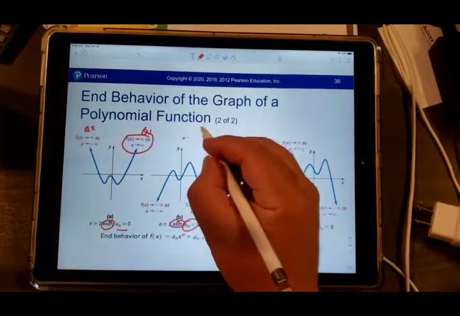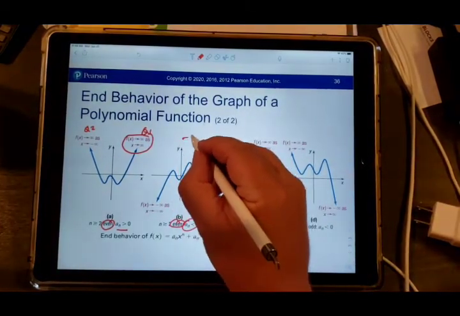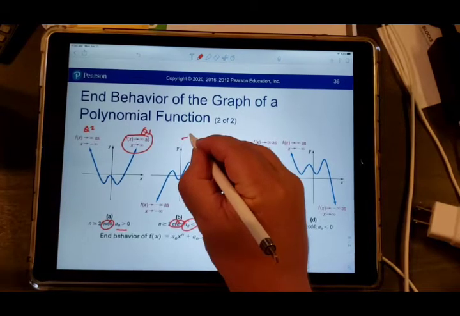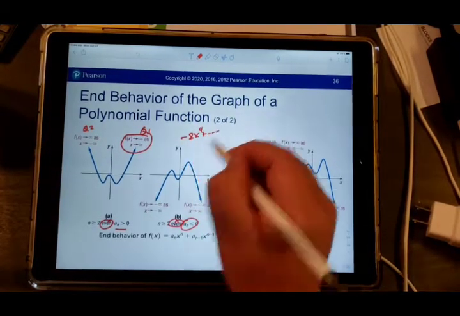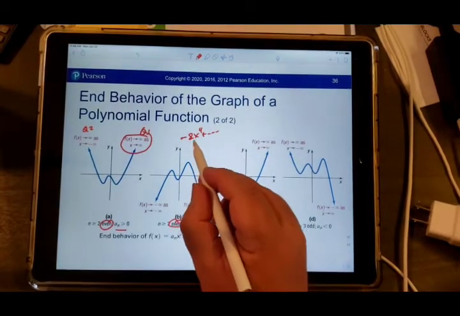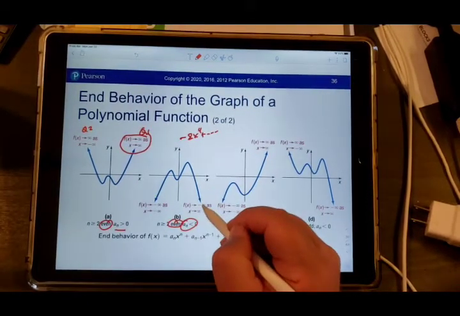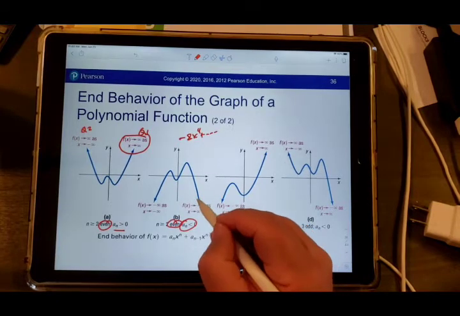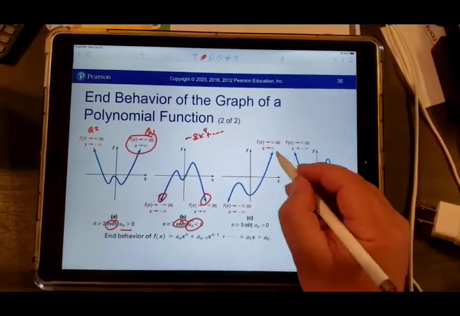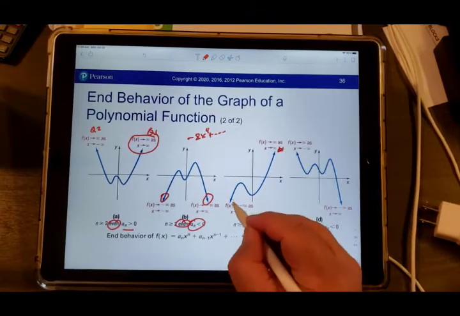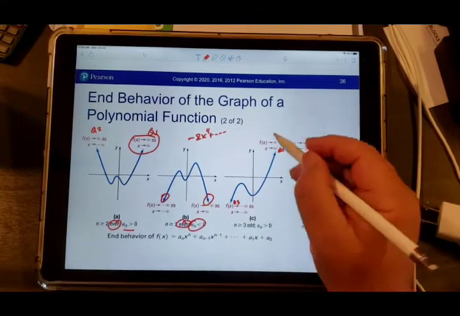Let's say minus 2x to the 4th plus some other stuff. If you had minus 2x to the 4th, you might expect something like this, because it's going to leave the box in that area.